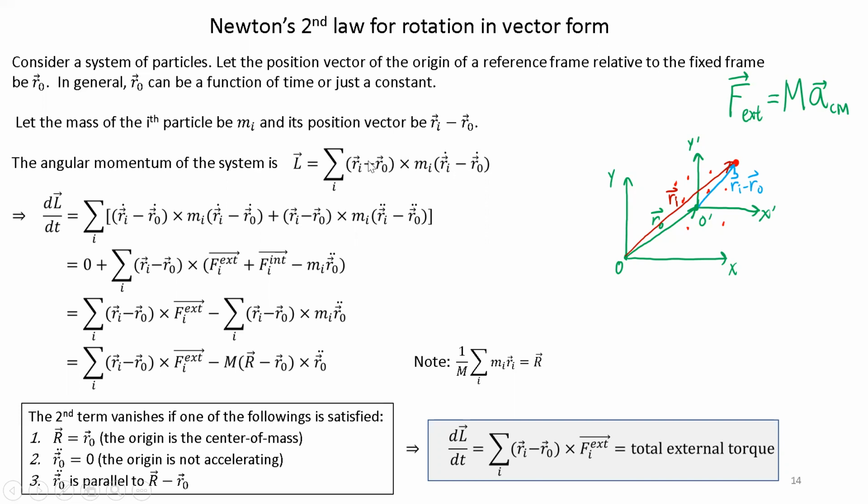So the sum of Ri minus R naught cross Mi times Ri dot minus R naught dot. Notice that this angular momentum is measured in the prime coordinate system. So now if I do dL/dt, just taking derivatives of this expression and using the product rule, then this is what you have.